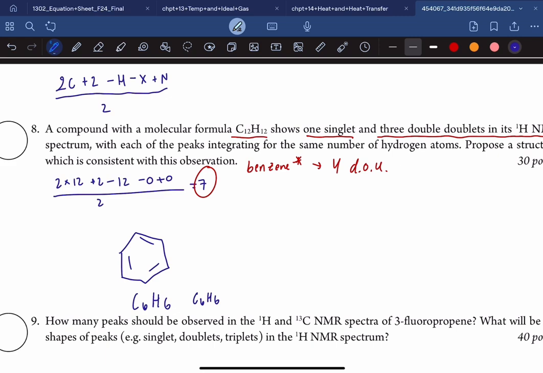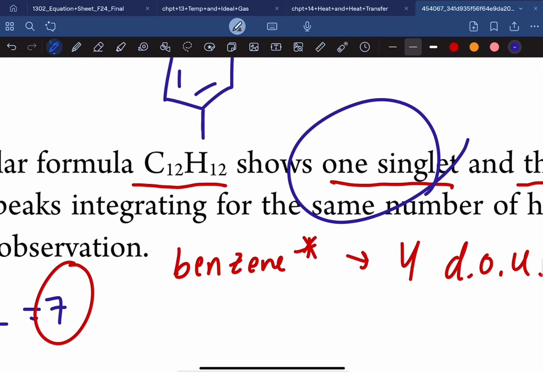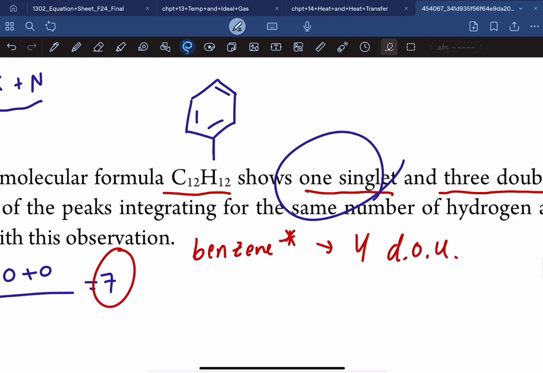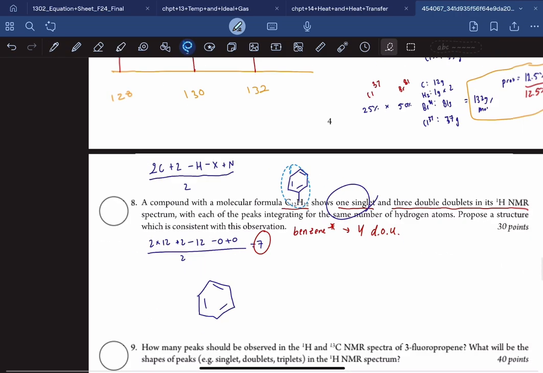Okay, so the thing is now you only have one singlet showing up, meaning that in your structure, if there's only one singlet, there's something bonded to the benzene, right? Let's say there's something bonded to benzene here. Let me move it down so it's more clear.